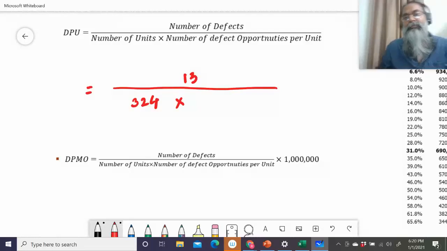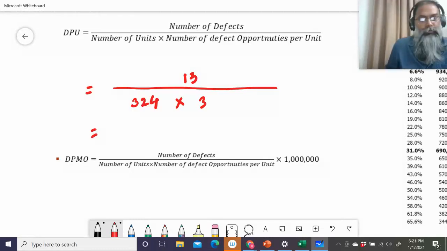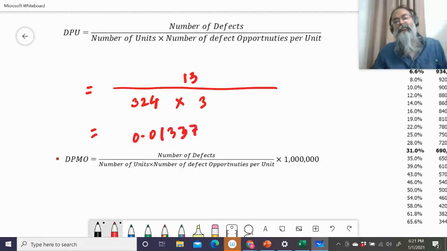The number of defect opportunities per unit was 3. If that is the case, the DPU would be about 0.01337. So this is the defects per unit. This is how you calculate defects per unit.